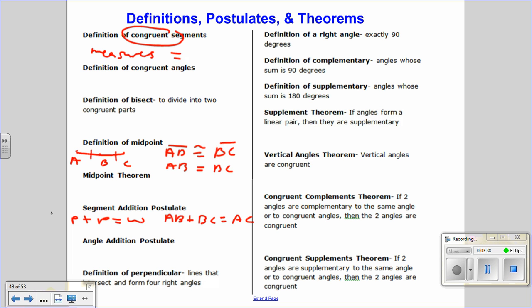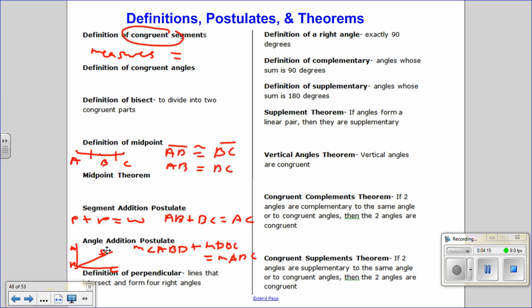The angle addition postulate, it's still part plus part equals whole, but from an angles perspective. So for example, let's say I have angle ABC, and I draw another line and put point D on it. I would say the measure of ABD plus the measure of DBC will equal the measure of ABC.